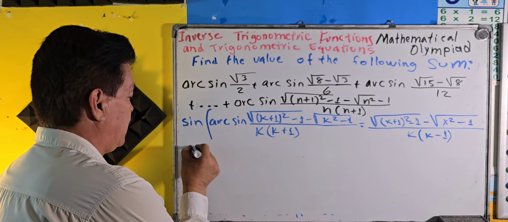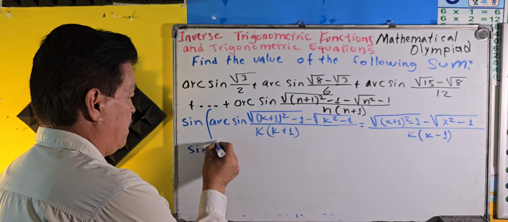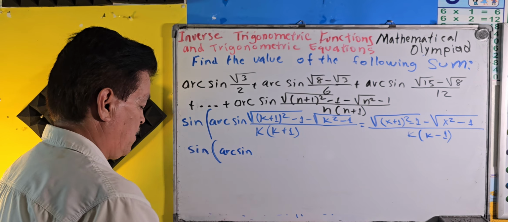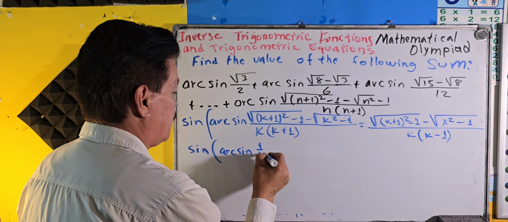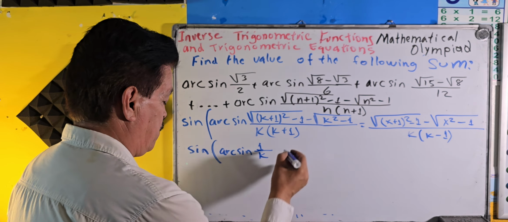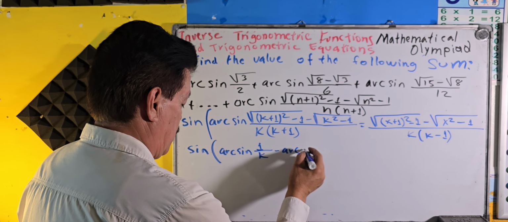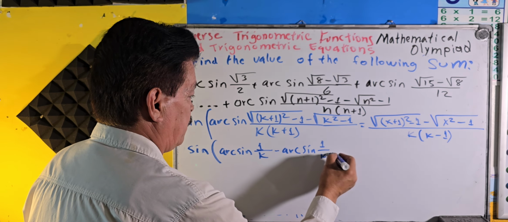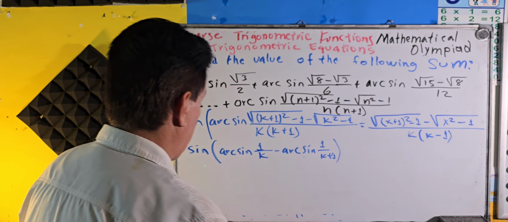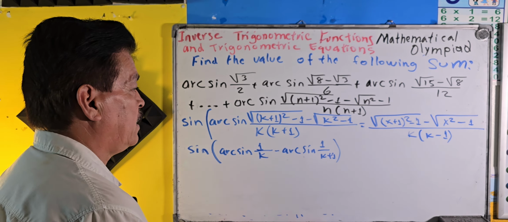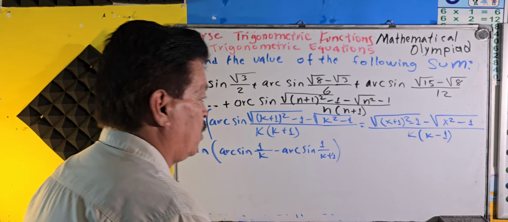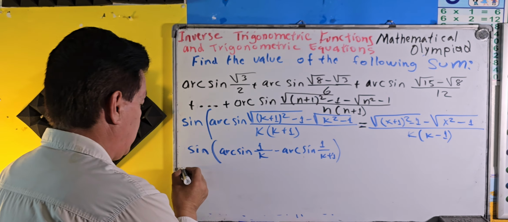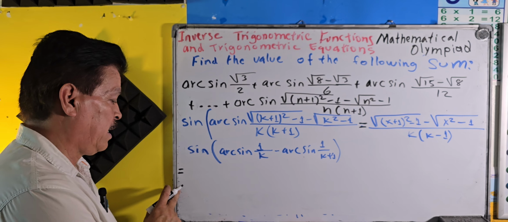So here we will have sine. We simplify here: arc sine of 1 divided by k, minus arc sine of 1 divided by k plus 1, right? So now this will be equal. Let me write equals right here.